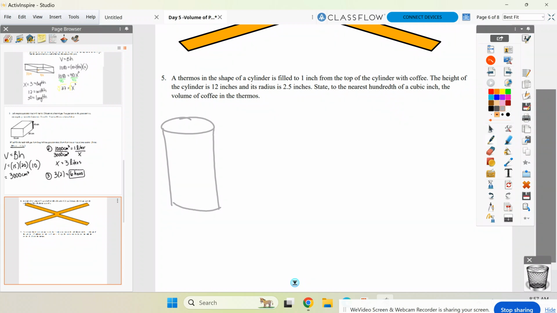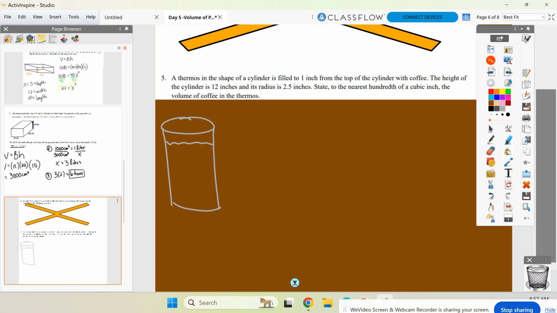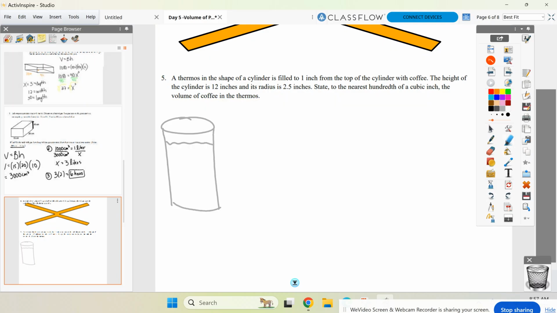We're going to fill it with coffee, but everyone see, we're only going to fill it 1 inch from the top. So it's not going to get filled all the way. Put some coffee in there. There we go.